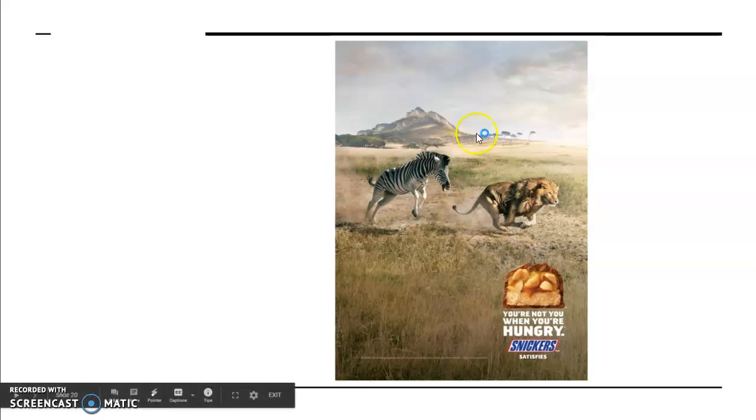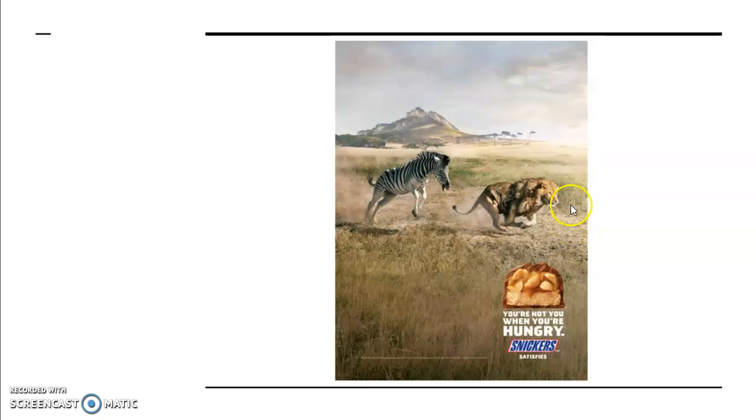But if we match this incongruity with the picture and text down at the bottom, the Snickers logo is "You're not you when you're hungry." So this would imply that one or more of these animals is not acting the way they normally would because they're hungry. So this tells me that maybe we're supposed to identify with the lion in this image.